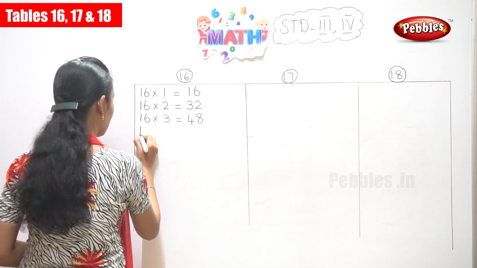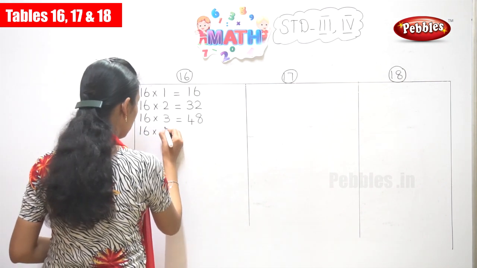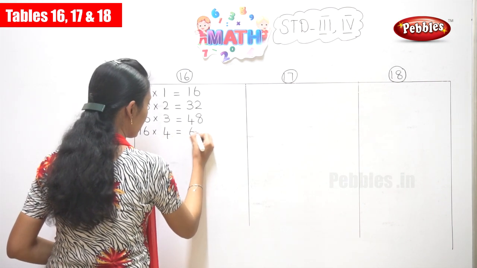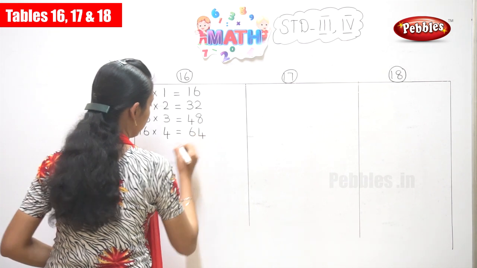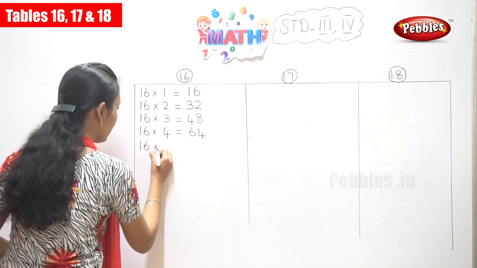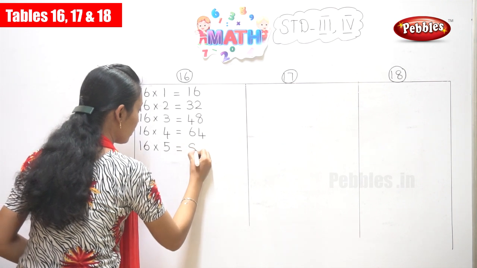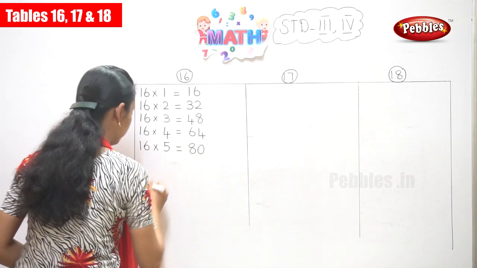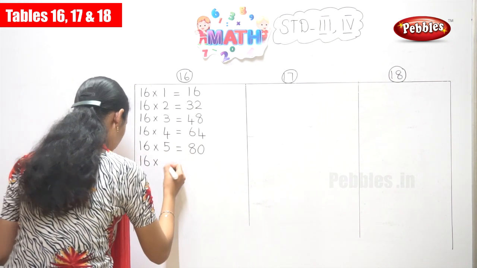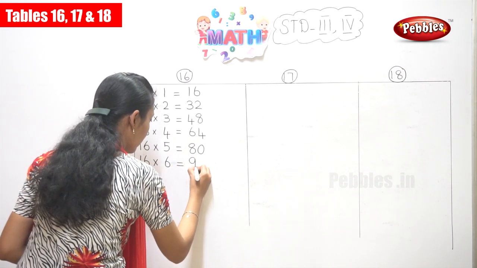Now 16 into 4 is equal to 64. 16 into 5 is equal to 80. 16 into 6 is equal to 96.